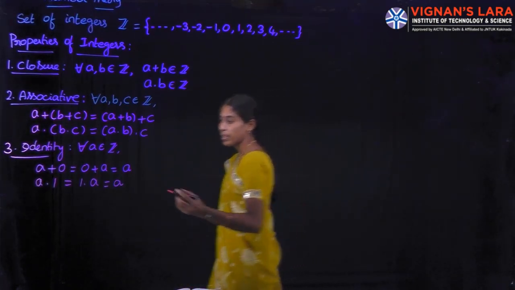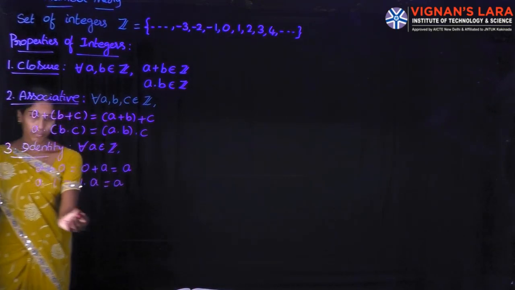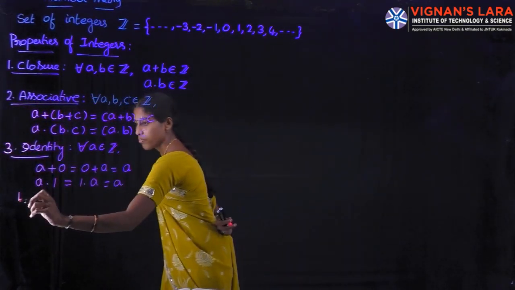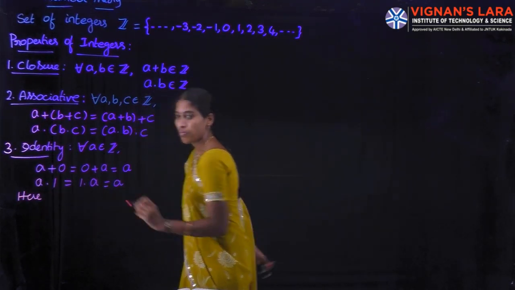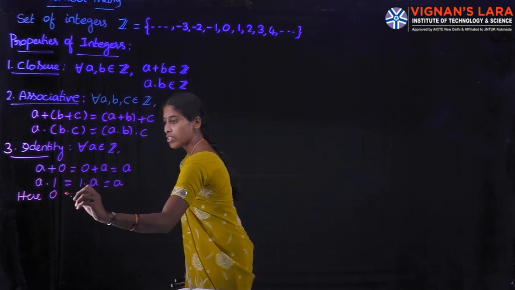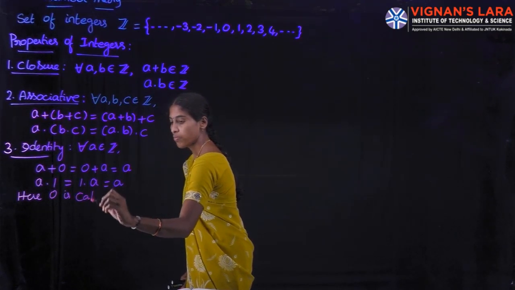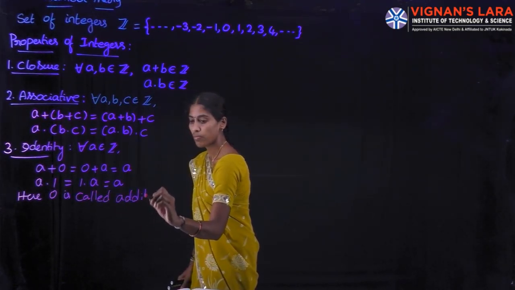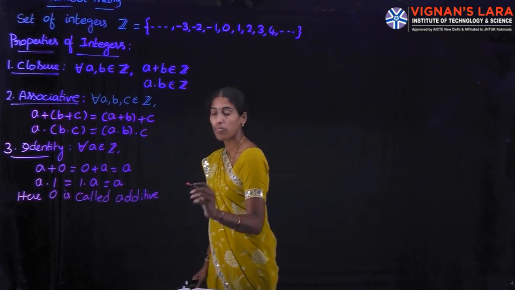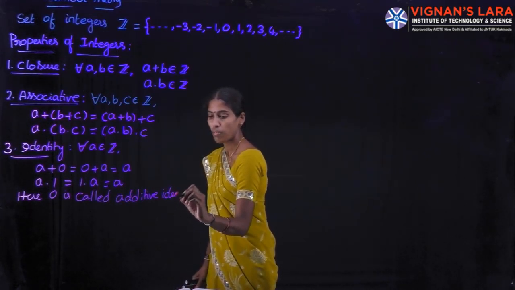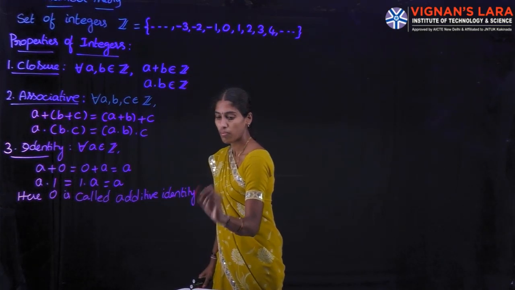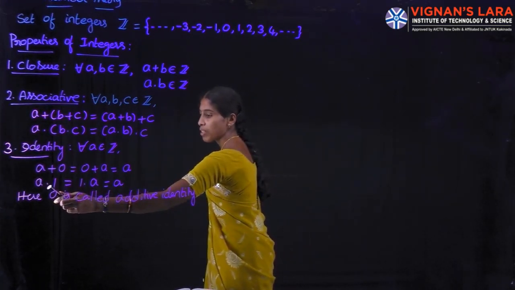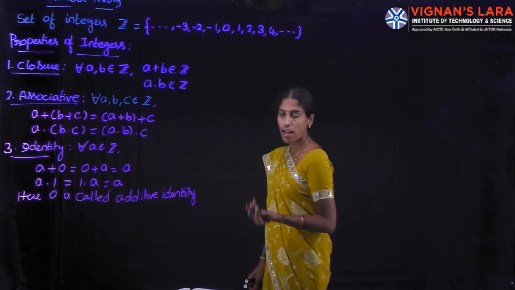So here zero is called the additive identity. If we apply 1 on a using multiplication, a carries as it is.